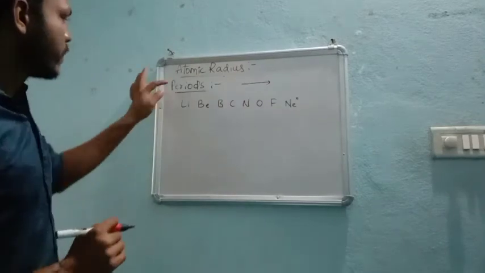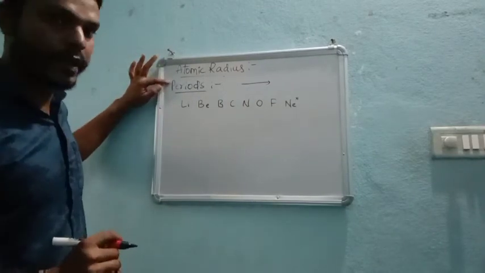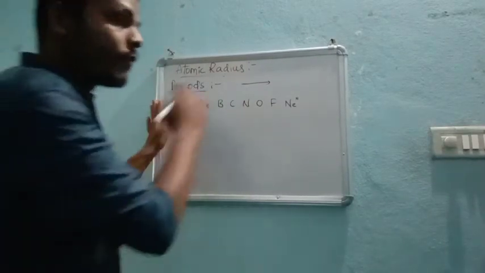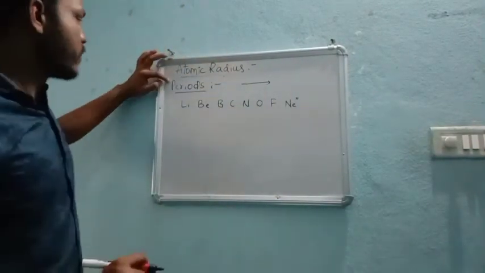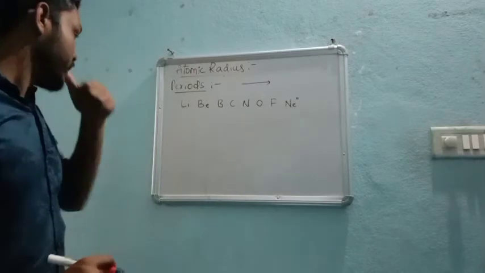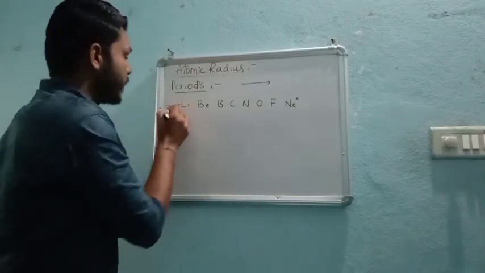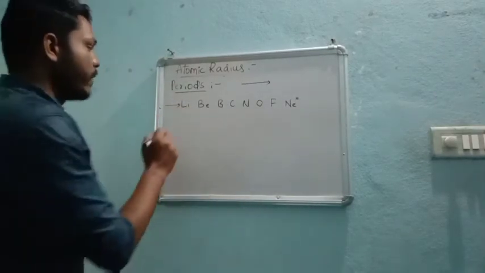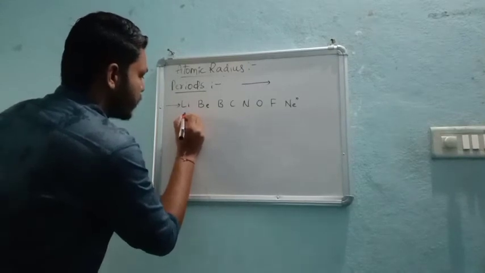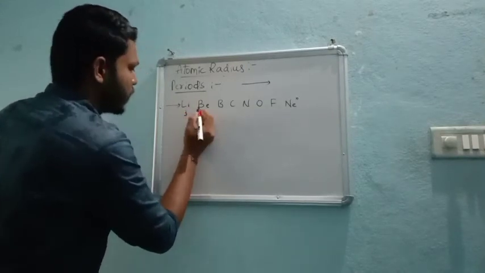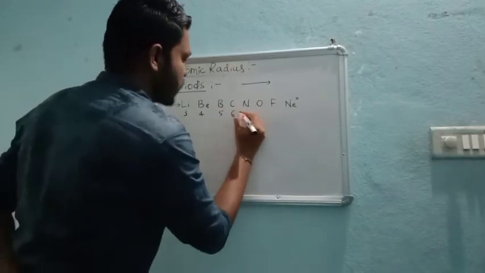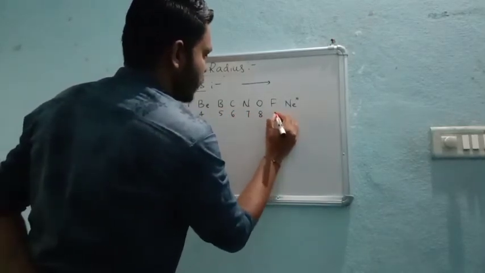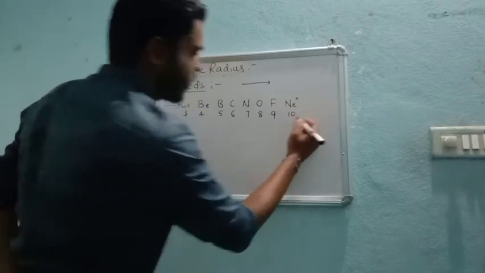That means, according to the definition of periods, if we move from left to right in a horizontal manner, then that is called a period. So consider this period. Now I will write directly the atomic numbers: 3, 4, 5, 6, 7, 8, 9 and 10.